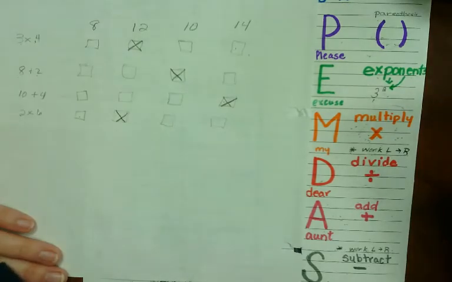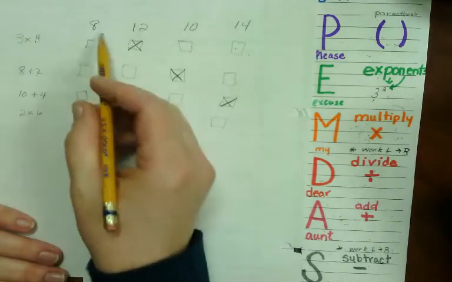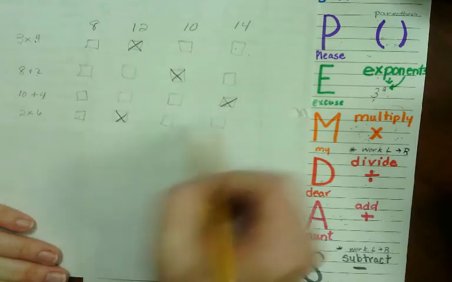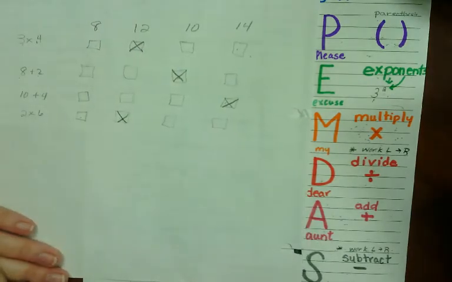So notice I didn't use this column at all. That's okay. None of those equaled 8, so this is how you should do it. Okay, I know that's confusing.